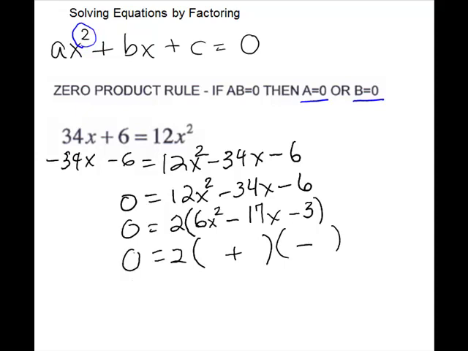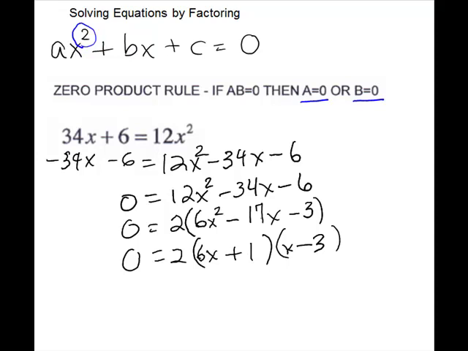Again, I'm just going to give you the correct factoring so that I don't spend too much time on that. 6x plus 1 and x minus 3. Double check. There's our minus 18x plus 1x equals minus 17x.